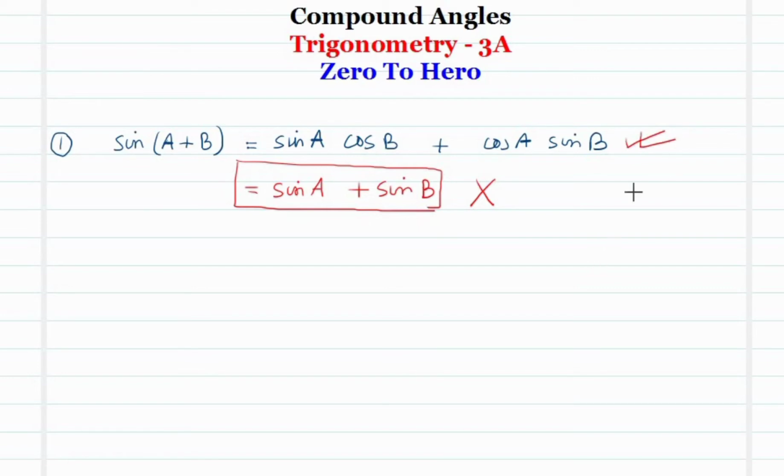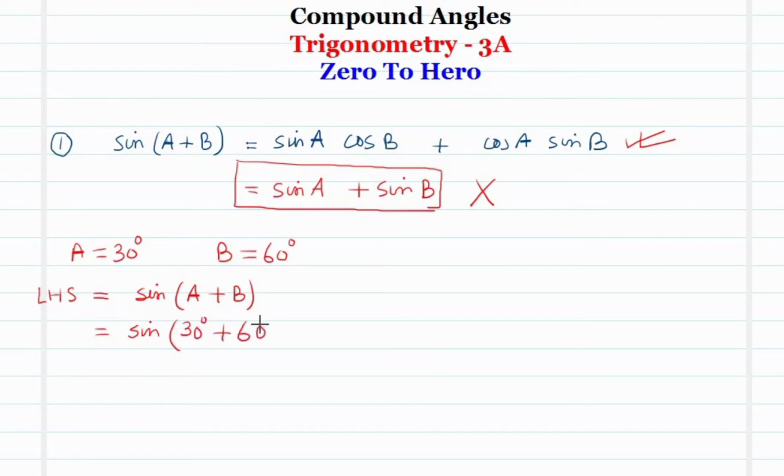For example, let's see that in a few cases this formula won't hold. To verify, let us take A equal to 30 degrees and B equal to 60 degrees. Then what is the left hand side of this result? It is sine of A plus B, which is equal to sine of 30 degrees plus 60 degrees.